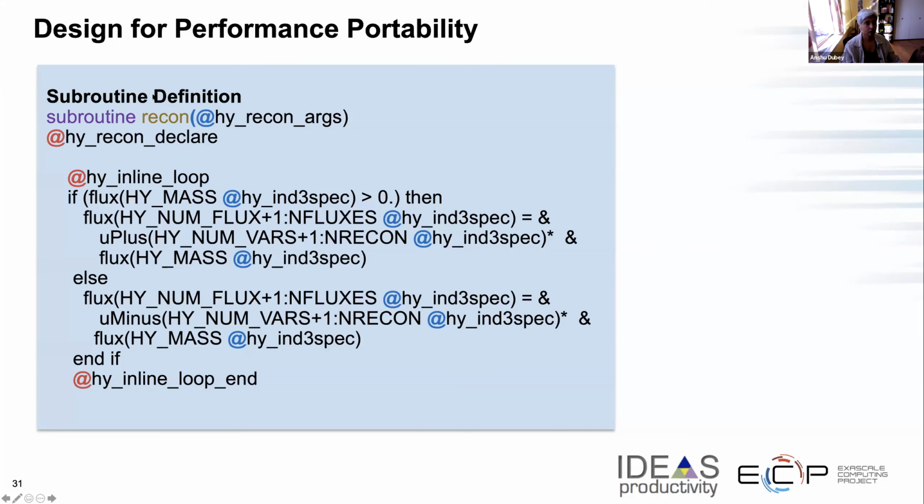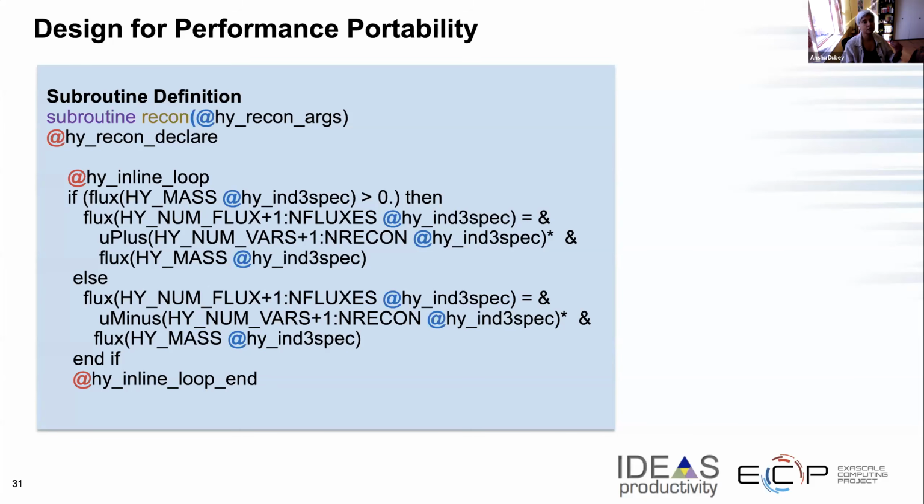And so now we have a single code, which is a subroutine definition, which can be specialized to work equally well on CPUs and GPUs through a simple transformation that occurs before the build, not even at the runtime, but at configuration time.